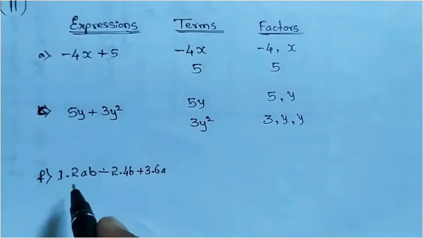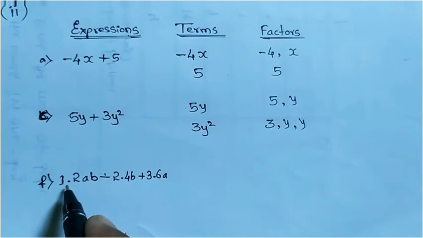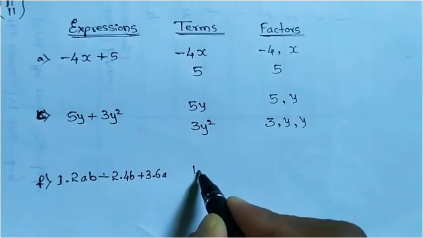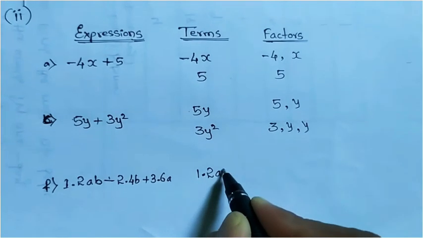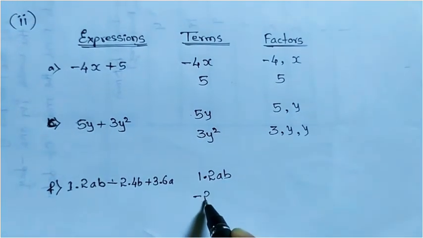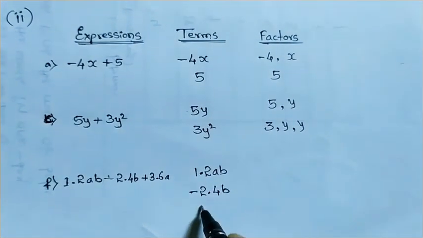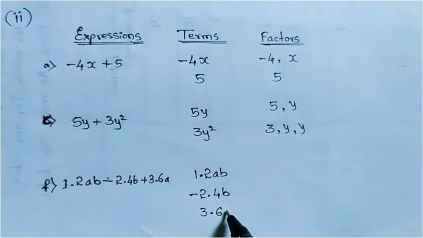And here F, 3 terms are there. One is 1.2ab, minus 2.4b, and the third is 3.6a.